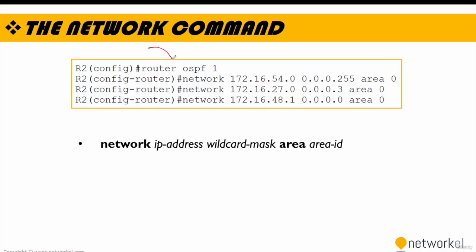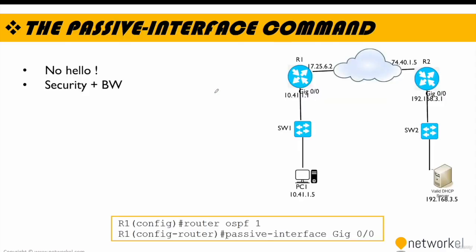I'm going ahead and typing router ospf and the process number, router ospf 1, and then I am typing the network commands. This command is used to specify which interfaces in this router 2 will participate in OSPF. That is the main purpose.